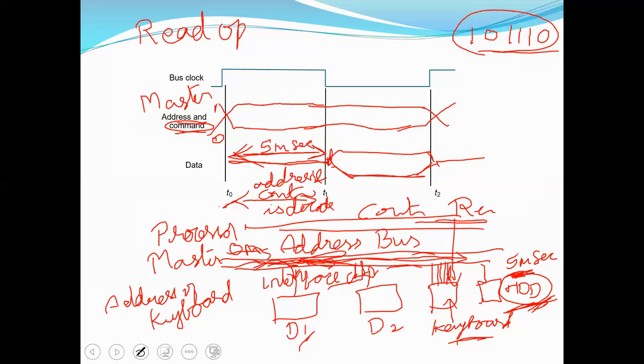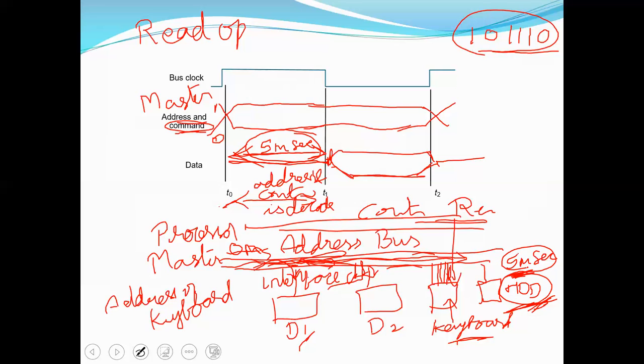What I am saying is that the device at the farthest end has a higher propagation delay. The time taken by the slowest device is fixed as half of the clock pulse, 5 milliseconds. 5 milliseconds is the most time taken by any device.